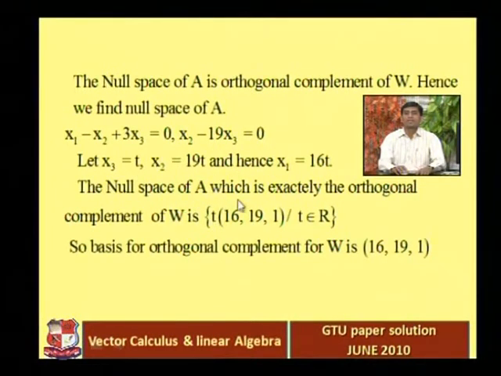The null space of A, which is exactly the orthogonal complement of W, can be written as t times (16, 19, 1) where t belongs to R. So here is the basis vector (16, 19, 1), and the basis for the orthogonal complement of W is (16, 19, 1), and this set is the orthogonal complement of the subspace W spanned by the given three vectors.